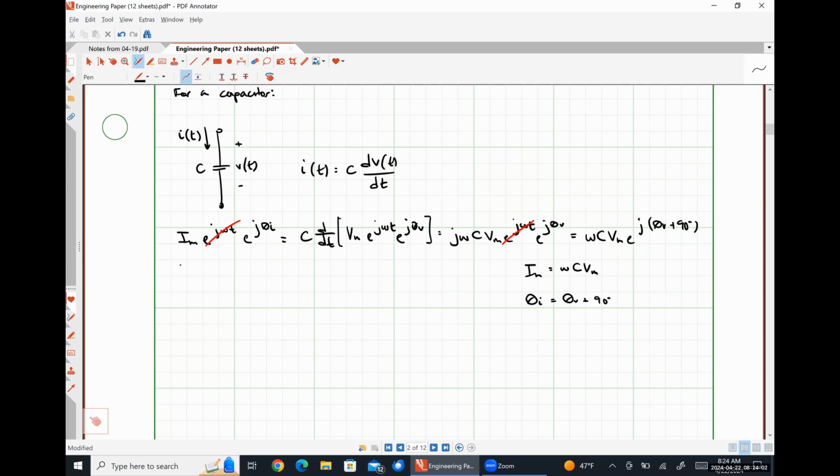So from here, we have Im e to the j theta I is equal to j omega C Vm e to the j theta V, or phasor current I is equal to j omega C times phasor voltage V.